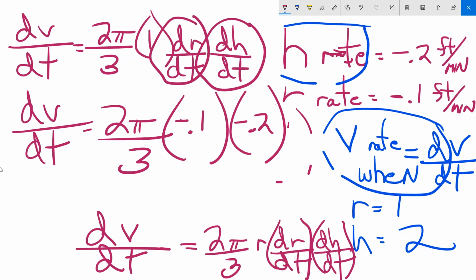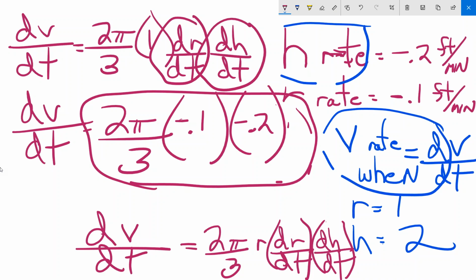In other words, this whole thing is a positive number. So this is telling me that my volume is increasing as the radius and the height are decreasing. The volume is growing with time, which is impossible.